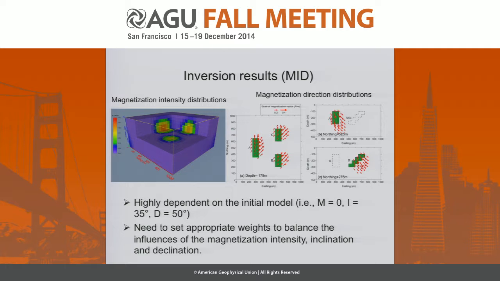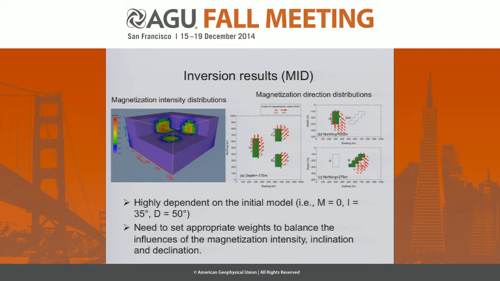This is similarly an inversion result using the MID method. Generally speaking, the main problem of this method is that when we perform it, we should give an appropriate initial model. If the initial model is not good, it is difficult to get an acceptable result.